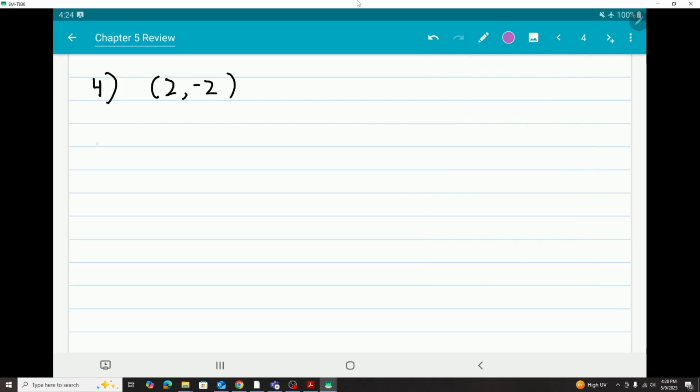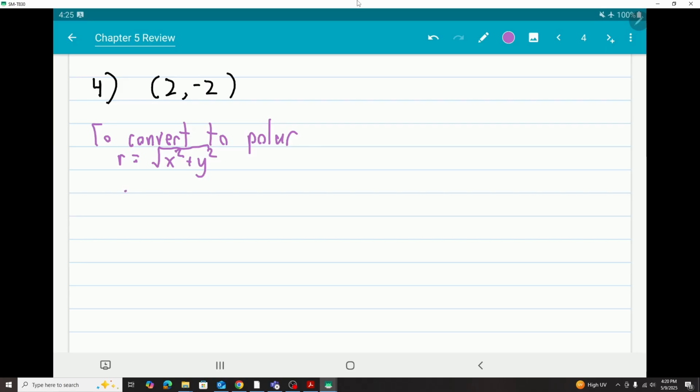To convert to polar, we need the equations r equals the square root of x squared plus y squared, so we won't have any trouble finding that radius.